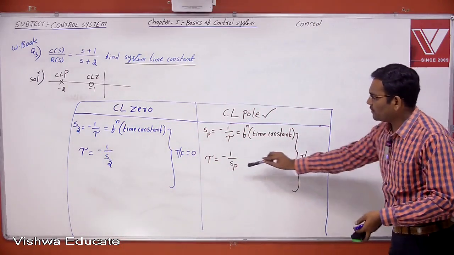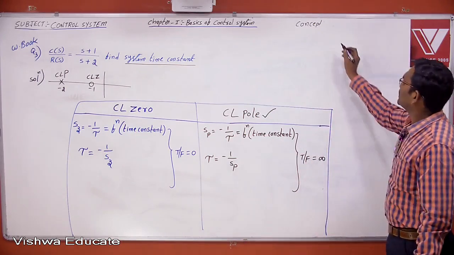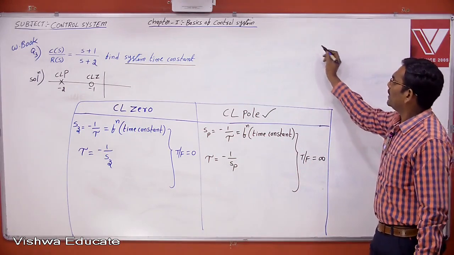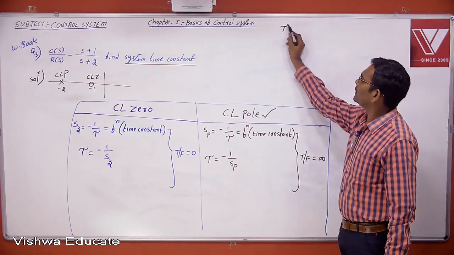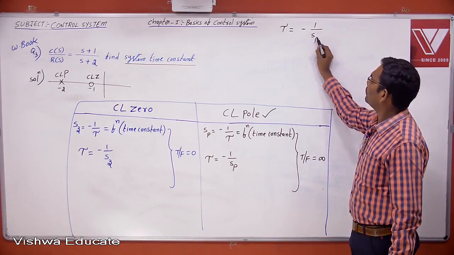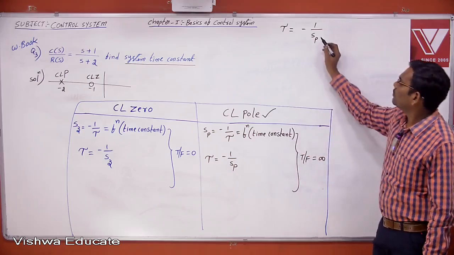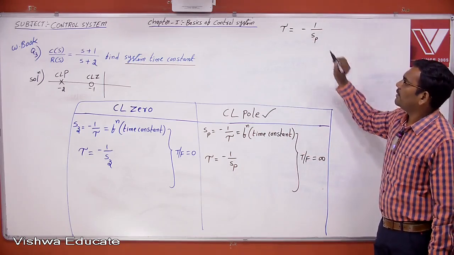Now tell me, what is the definition of time constant? The time constant is nothing but negative of reciprocal of pole. This is the time constant definition now.